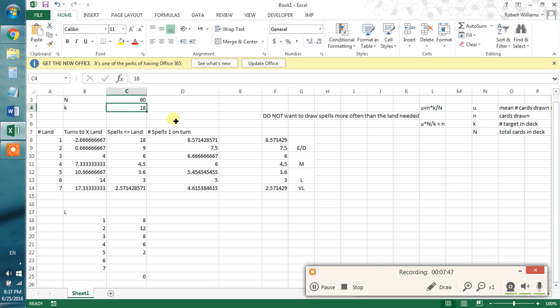And then, of course, if you were running more of a control-y deck, we'll say you go up to 28. Well, now you're drawing your lands for your 5 drop even faster, and you're likely to be able to play higher costed cards. So it all depends on the number of land you're running, and if you've already figured out your creatures, you can use this to figure out the number of land.